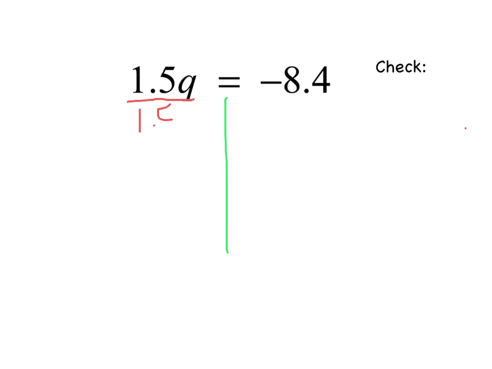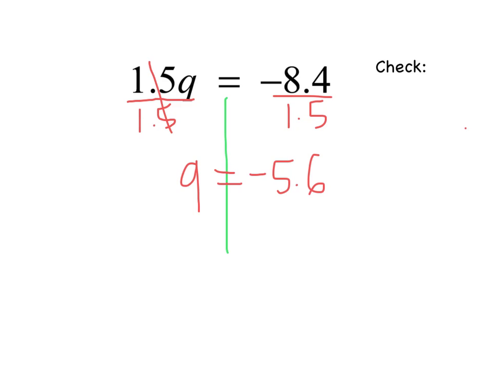So divide by 1.5, divide by 1.5. So 1.5 divided by 1.5 is 1. So we have 1q. And then I'm going to type into my calculator, negative 8.4 divided by 1.5. And I get negative 5.6.